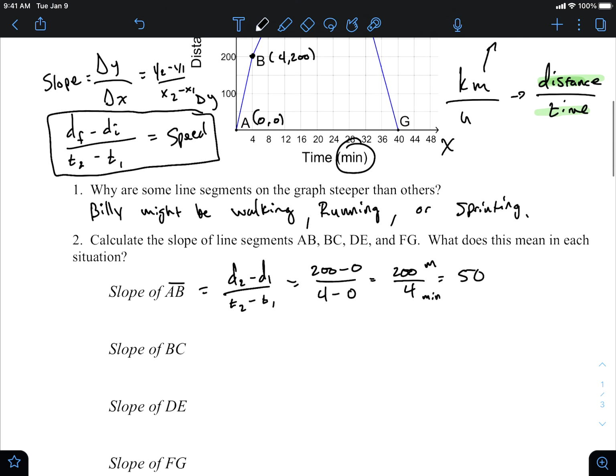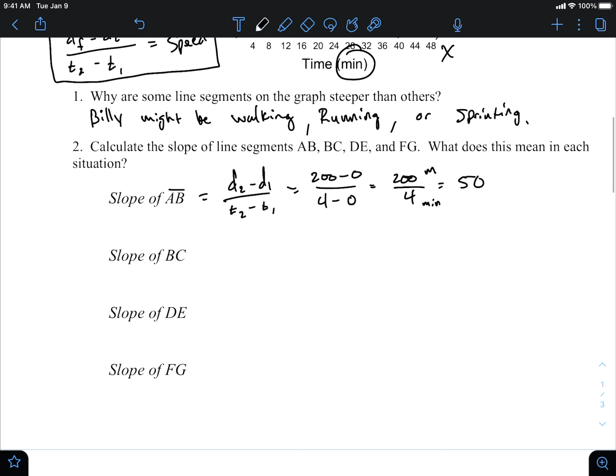So when I divide 200 meters by 4 minutes, I get 50 meters per minute. So that's how fast Billy is moving from point A to point B. Does anybody have any questions?